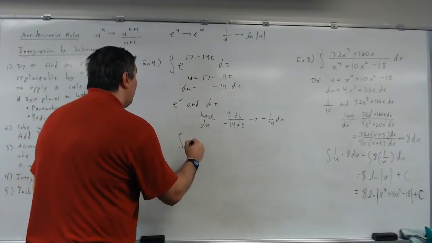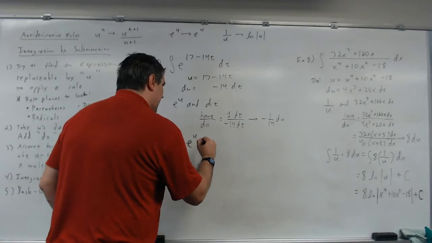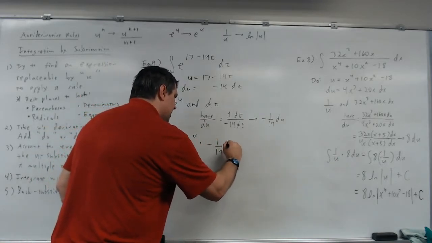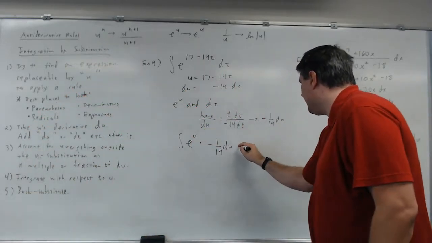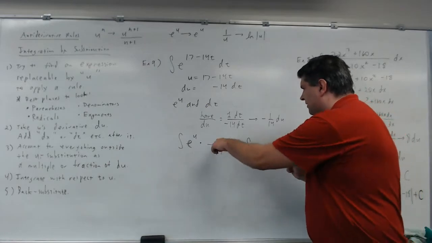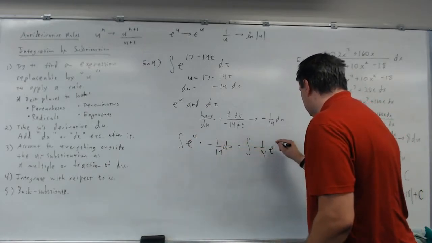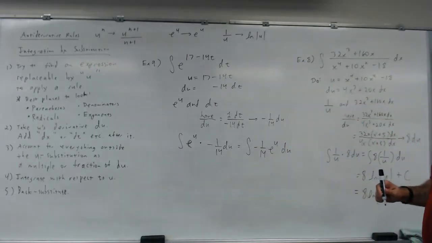The integral of e to the u times negative 1/14 du. I'm going to rewrite that in more standard form as the integral of negative 1/14 e to the u times du. Okay?